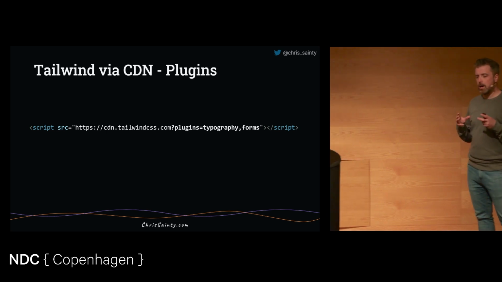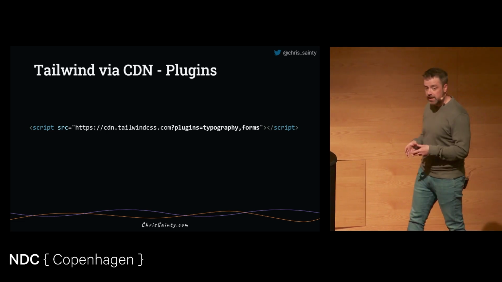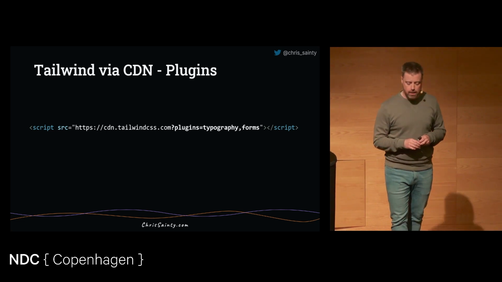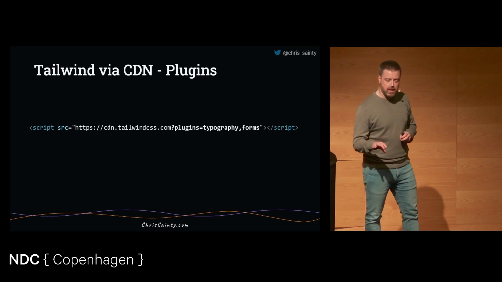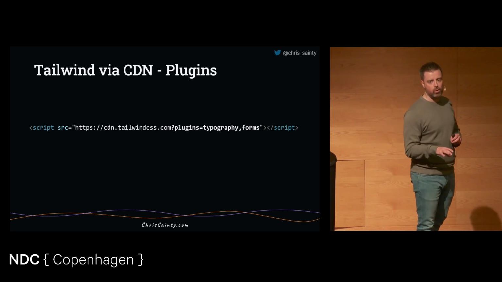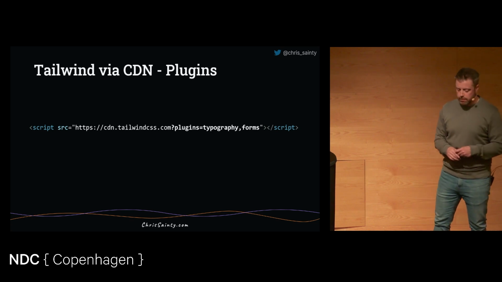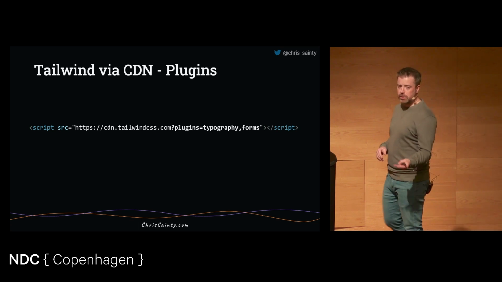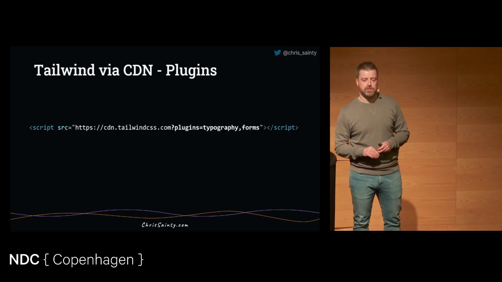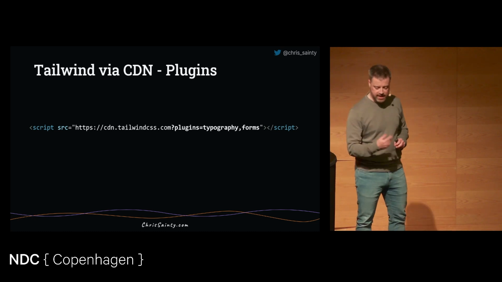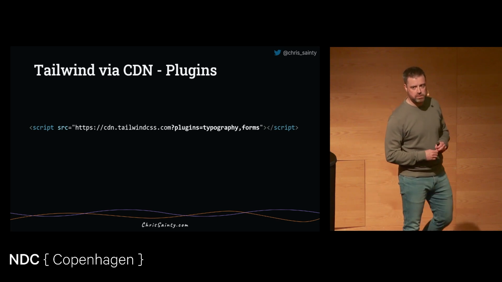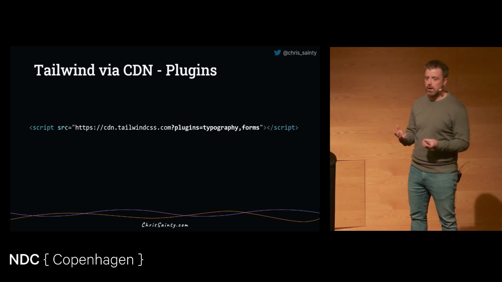There are a few official plugins available, and then there's a whole heap of community ones. With the Play CDN, it's only the official ones that are supported, which kind of makes sense. But in order to use any of them, you just stick a query string on the end of that first script tag, and you list out, comma-separated, the plugins you want to use. So in this case, the typography and the forms plugin, okay? And they just get included as well.